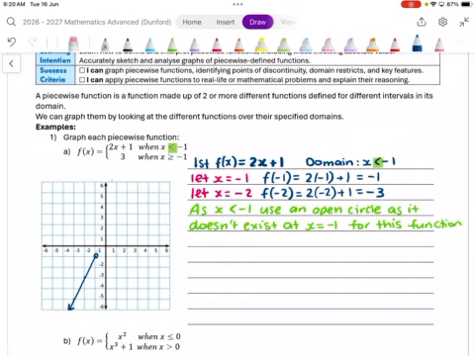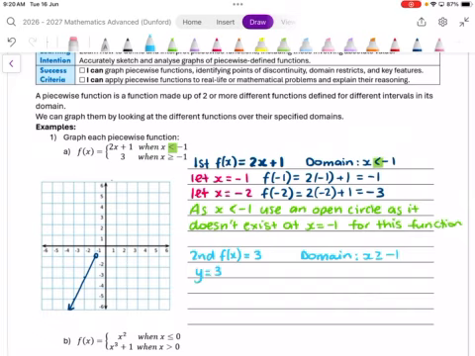Then my second part of my function is y is equal to 3 for our domain of x is greater than or equal to minus 1. So that is just the line y equals 3.